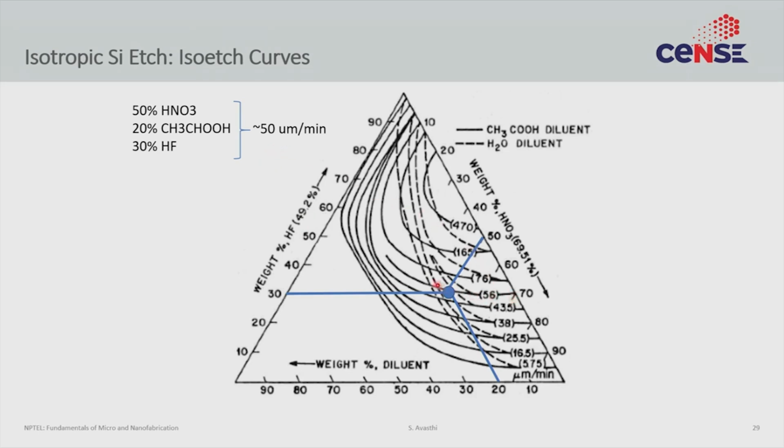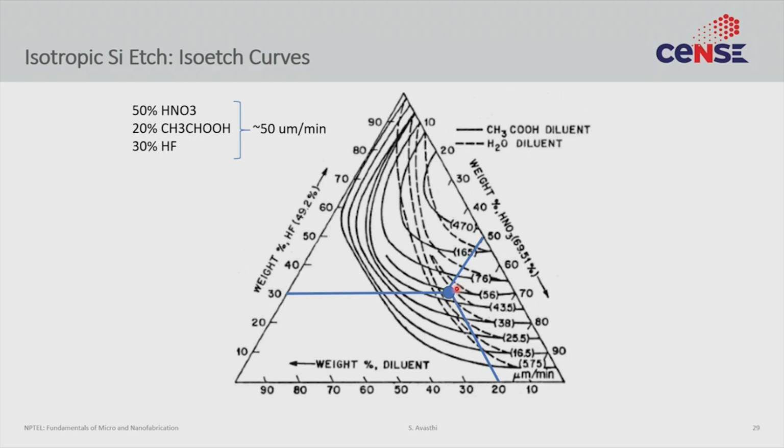What these contours are telling you is that all the compositions that lie on this line have the same etch rate of 56 micron per minute. All the compositions on this line have the same etching rate, and that is 43.5 micron per minute. And as you keep going down, all the compositions along this line have an etching rate of 16.5 micron per minute, and so on.